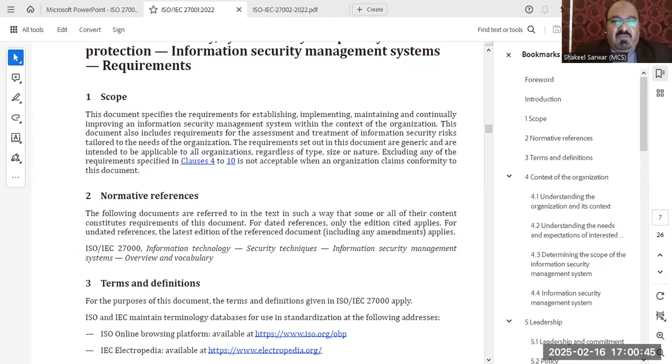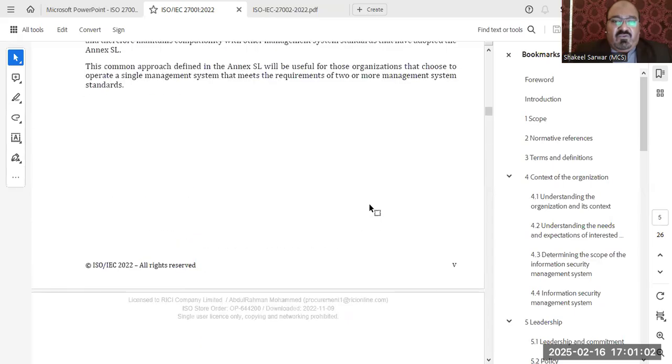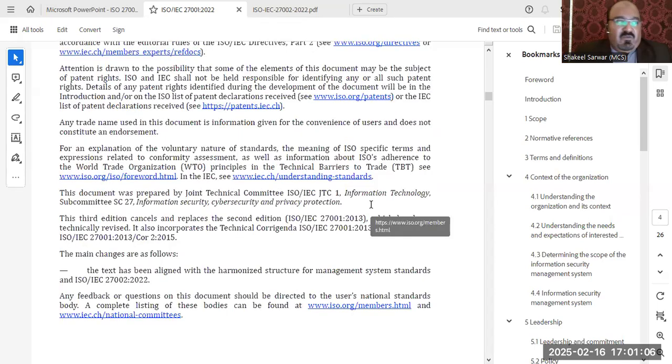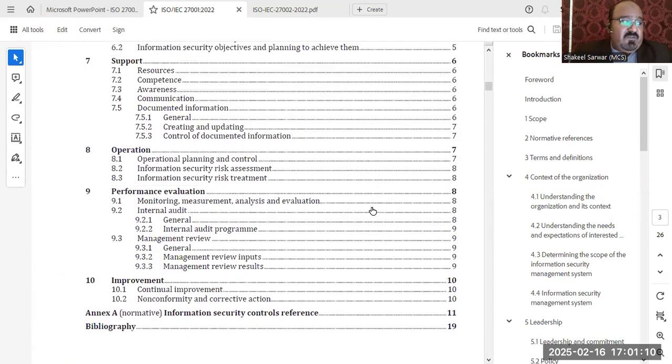And we have planning at clause 6, sections to address risks and opportunities with the risk assessment and treatment and information security objectives and planning to achieve them. Support, we have clause 7 with resources, competence, awareness, communication, and documented information.